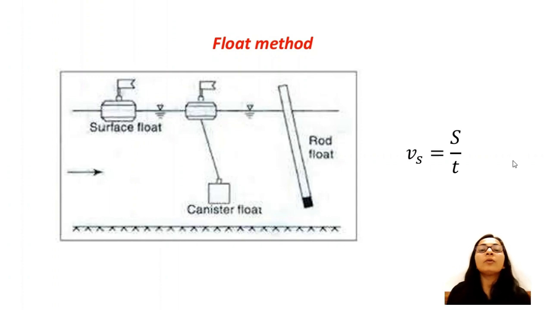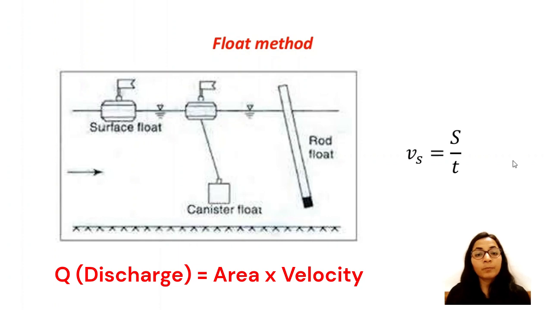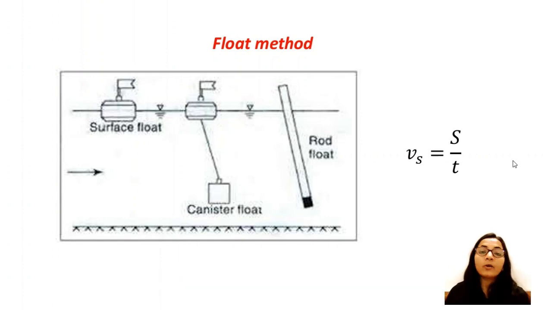So at the particular point where the velocity of flow has been measured, we multiply the velocity of flow by the cross section area of that place to get the discharge of that point. So by using the velocity data and cross section data, we will get the discharge of that stream.